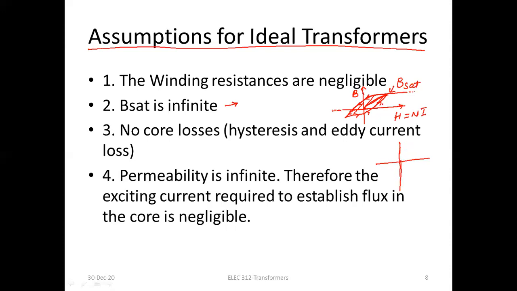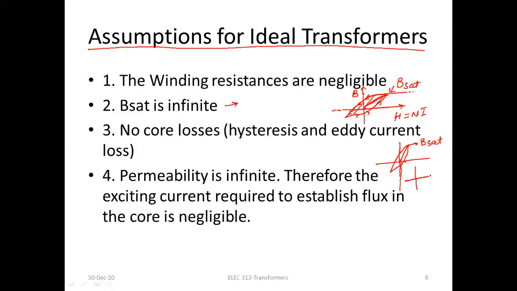Suppose this is B, and if you want less area, this area is less. So the current is also less, and the area is less, and you see B saturation has increased compared to earlier. If you reduce this H value, then the saturation will increase. If you reduce it further, what will happen?